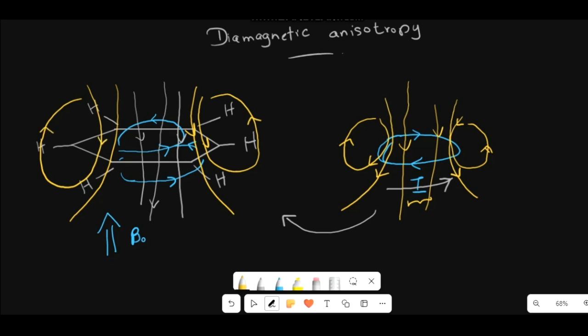So now let's see these hydrogens here. You can see this hydrogen will be affected by 2 magnetic fields, right? One is the applied magnetic field, which is B naught, and the other one is the magnetic field due to this electron rotation, which is also in the same direction as the applied magnetic field.